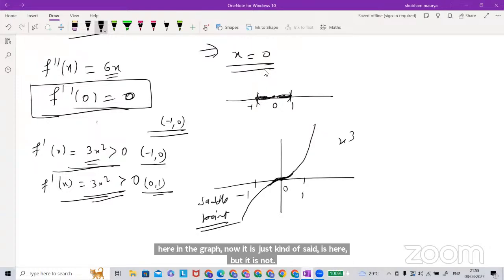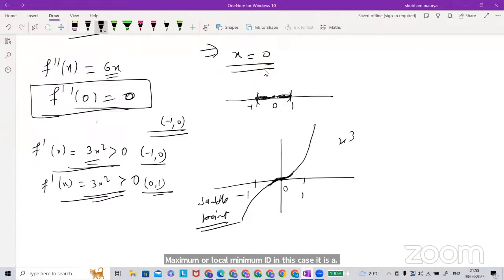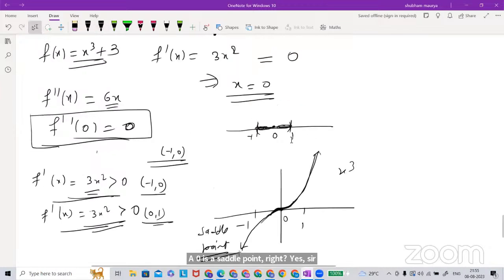It is continuously increasing, and there is a small s shape, but still it is increasing. Is it clear now how the saddle point is happening and how we will investigate a saddle point? So 0 is a saddle point, right? Yes, 0 is going to be a saddle point there.